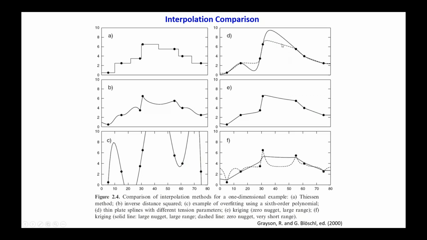The top right is a smoothing spline, and when you fit splines, you get to control the parameters referred to as the tension that indicate how variable or how smooth the surface is. This is a result from Kriging, and this is another result from Kriging. So there's a number of options involved.